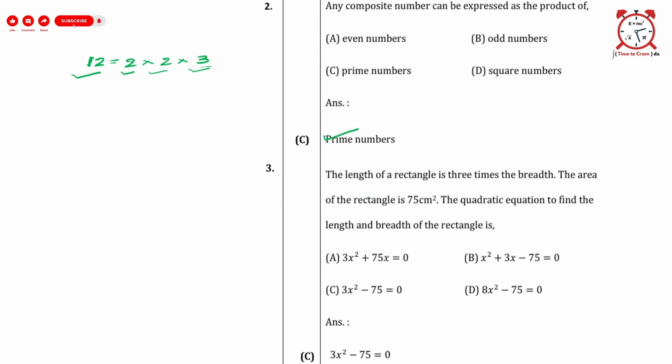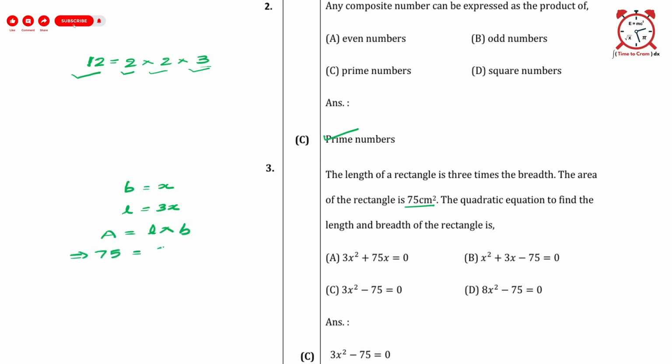Next question, the length of a rectangle is 3 times the breadth. The area of the rectangle is 75 centimeters square. The quadratic equation to find the length and breadth of the rectangle is dash. Suppose breadth equals x, length equals 3x. Now the area formula, as we know, is length into breadth. Area is already given here as 75.